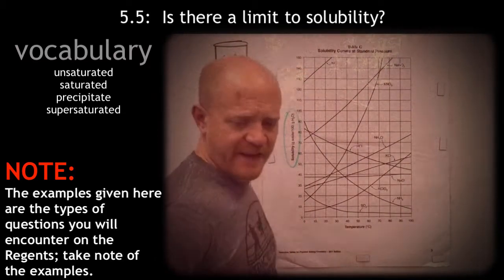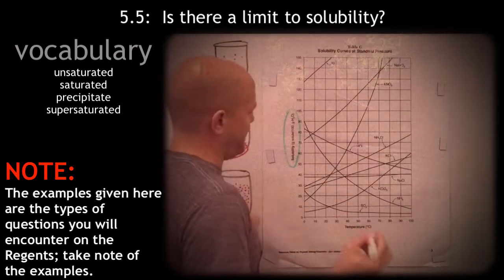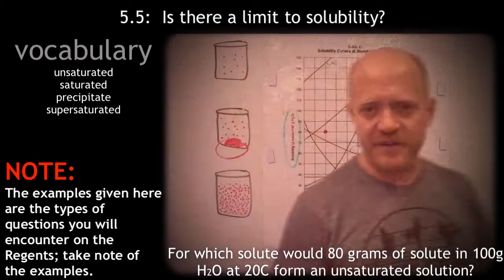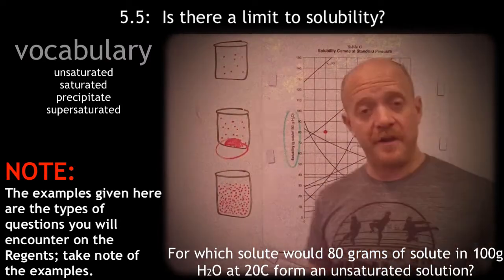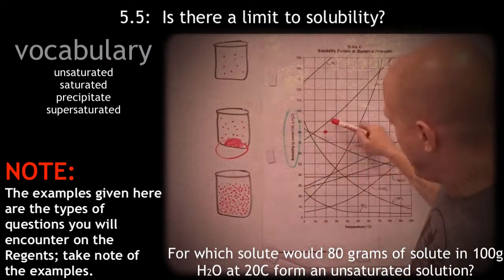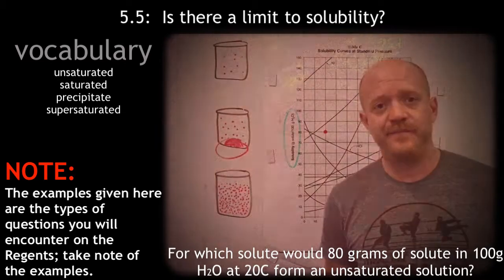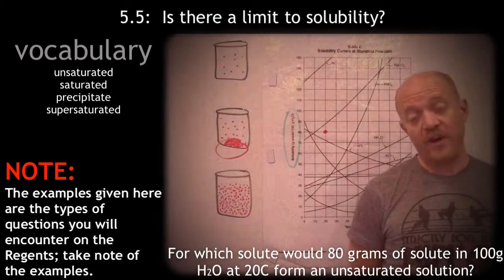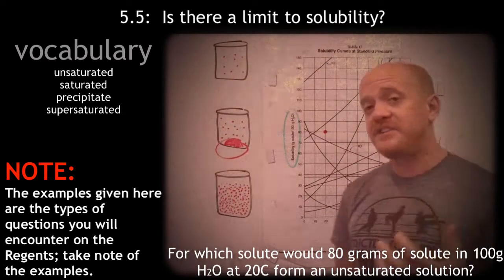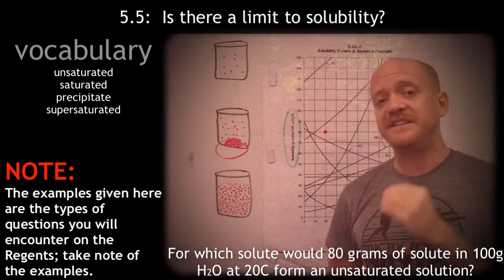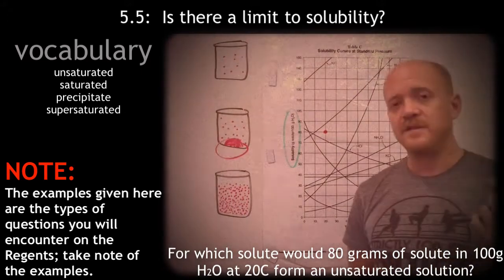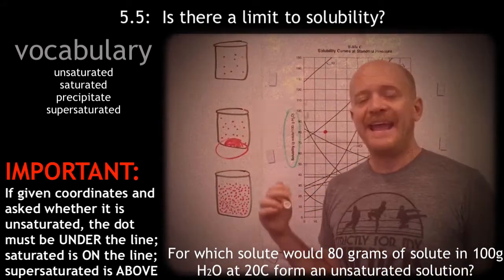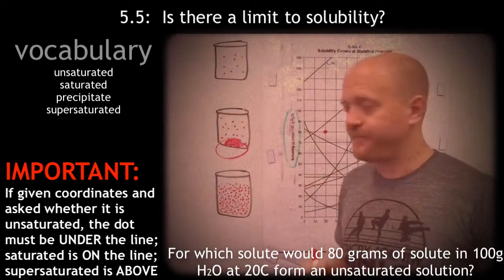So a typical question that they're going to ask is something like, if I had 80 grams of solute dissolved in 100 grams of water at 20 degrees Celsius, and there was a question that asked for which solute would this be unsaturated? So what that means is this dot, for it to be unsaturated, it has to be underneath a line.